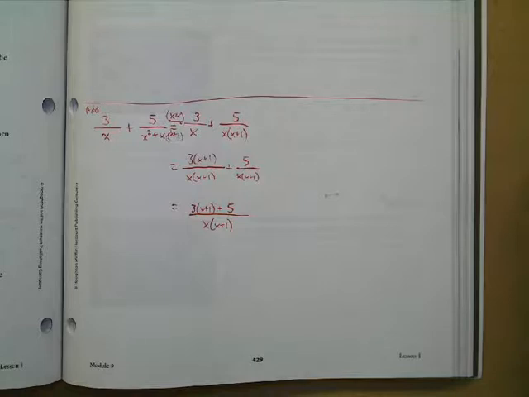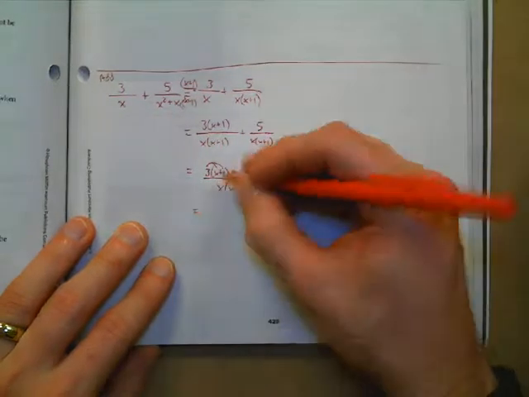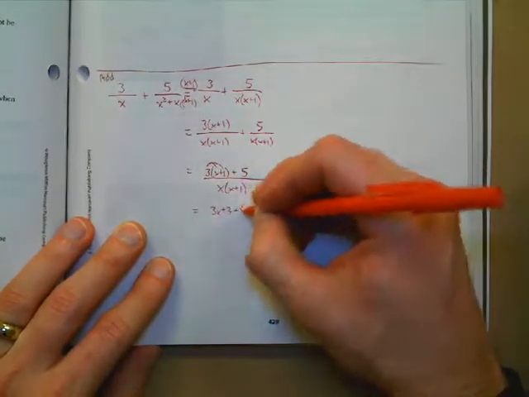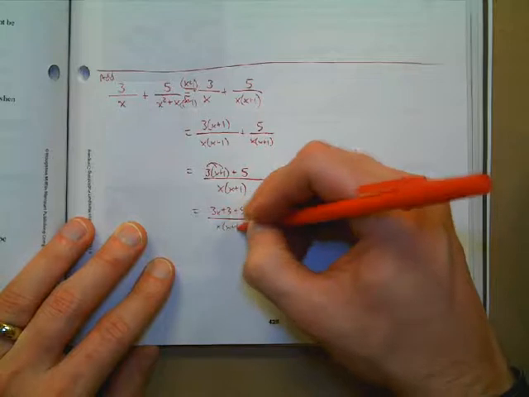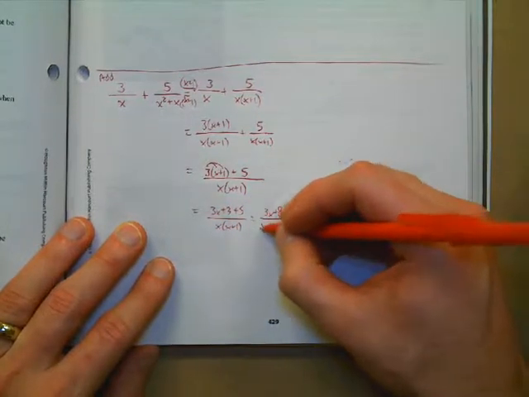Okay, distribute the 3. To simplify here, 3 times x is 3x, 3 times 1 is 3, plus the 5 over x times x plus 1, and so we get 3x plus 8 over x times x plus 1. Okay? And we're done.